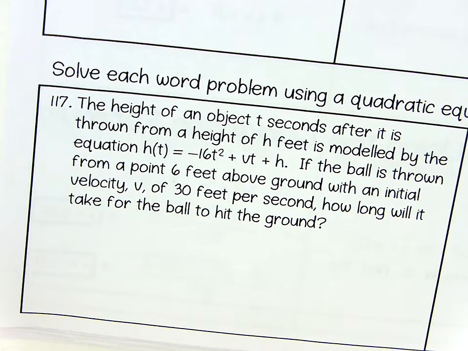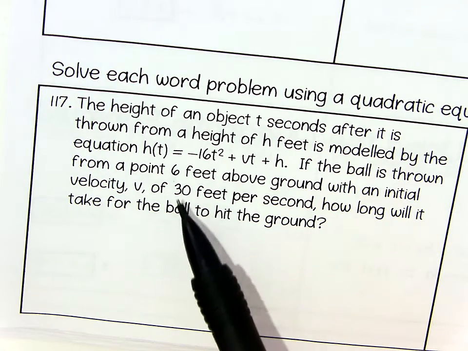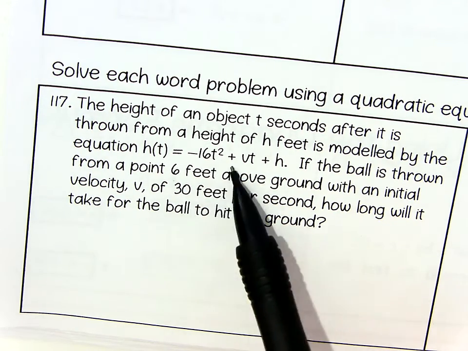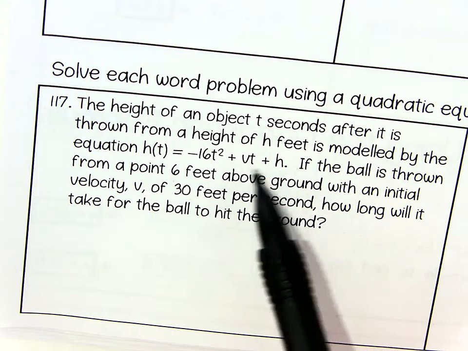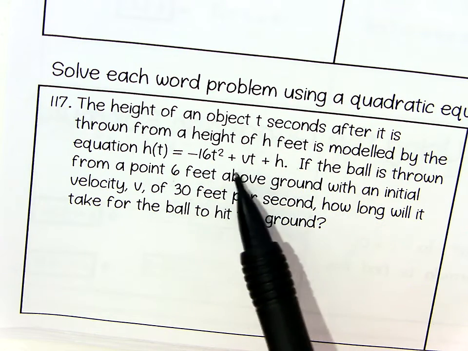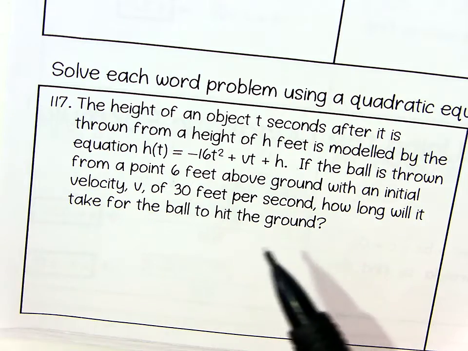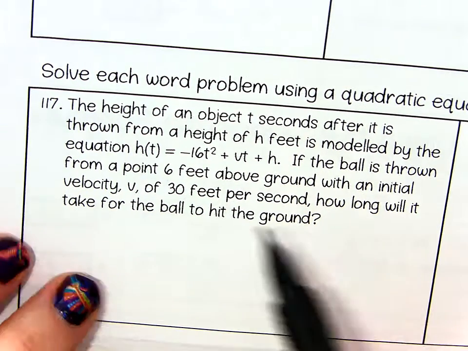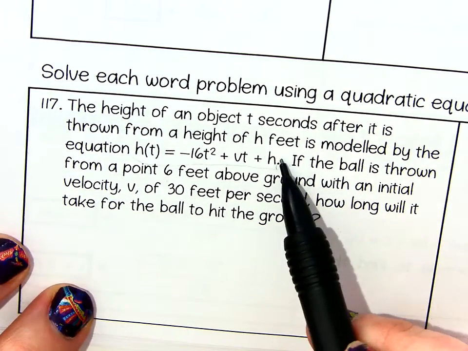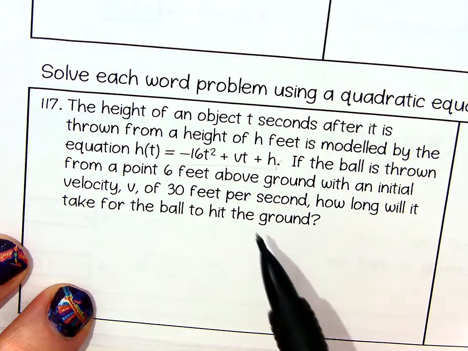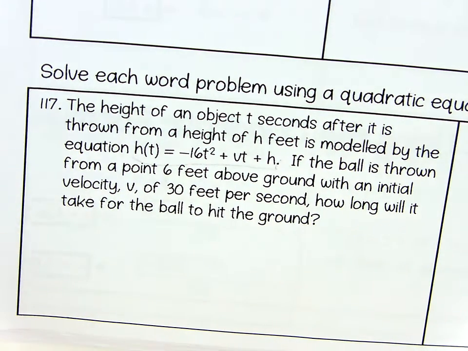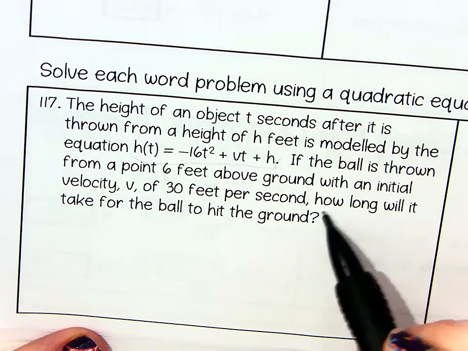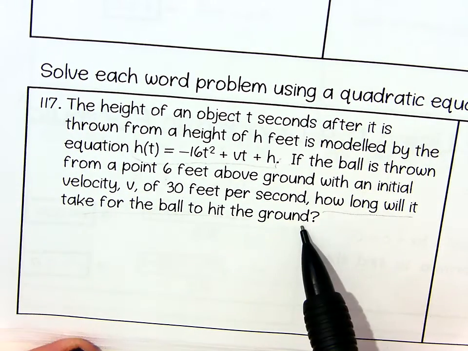Okay, I think that we're going to be giving you the equation with these values already plugged in. So don't worry about that part too much, but even if they're not, it's not that bad. So here's this random equation, but what does T stand for? Time, right? How long will it take for the ball to hit the ground?